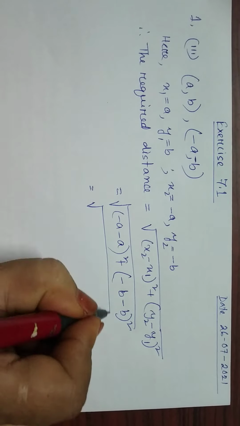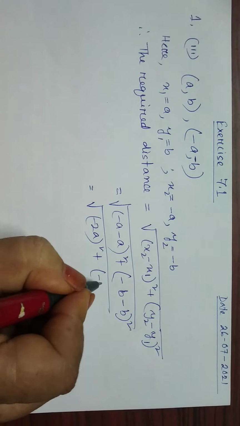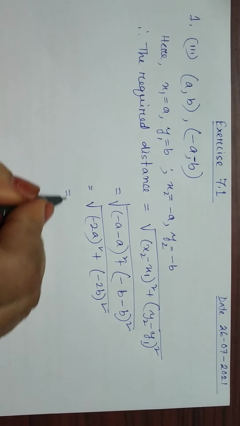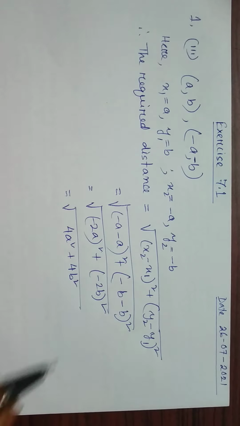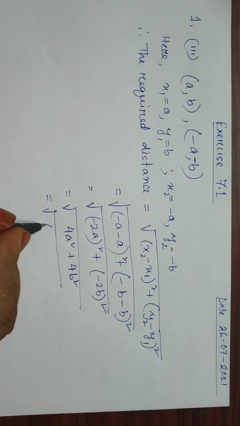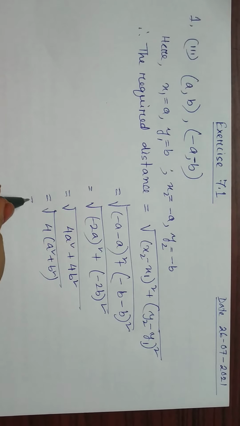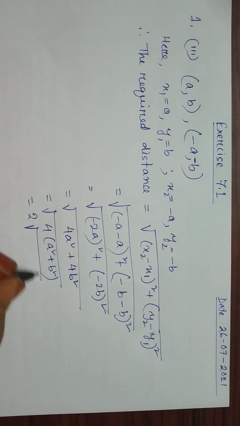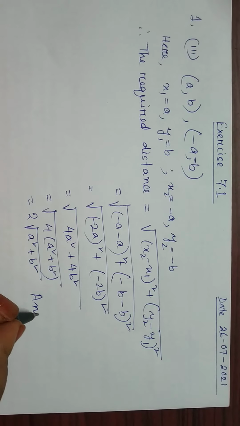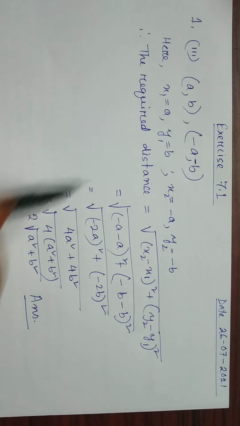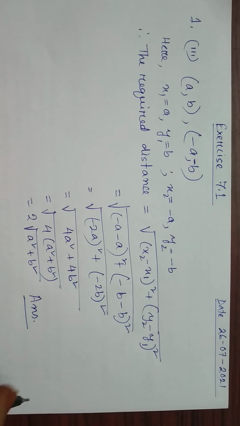Now minus 2a whole square plus minus 2b whole square. That means 4a square plus 4b square. If we take 4 common, we get 4 times a square plus b square. Now the square root of 4 is 2, so this is 2 root over a square plus b square. This is the answer: the distance between these 2 points will be 2 root over a square plus b square.